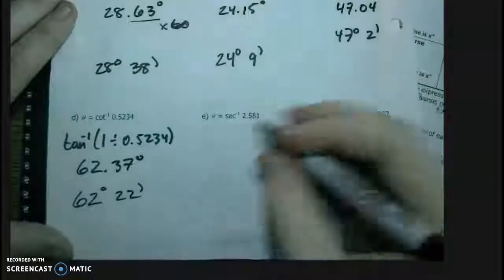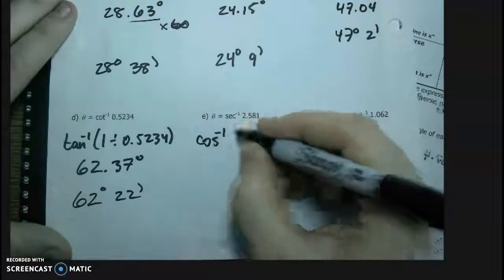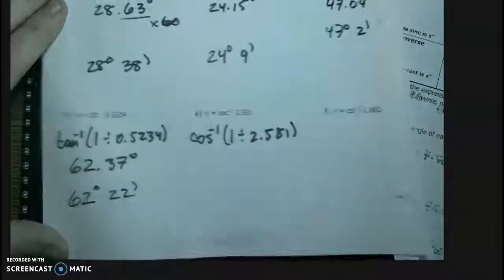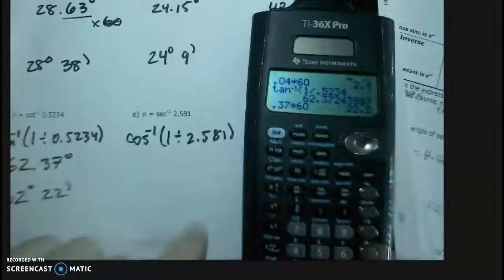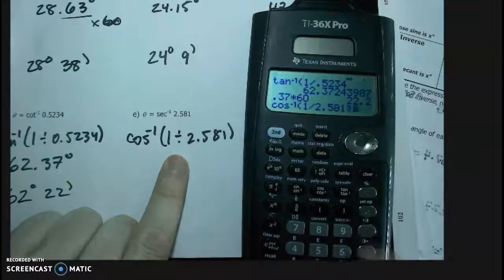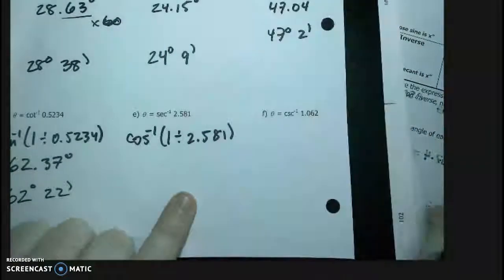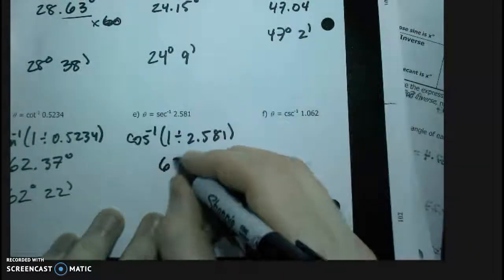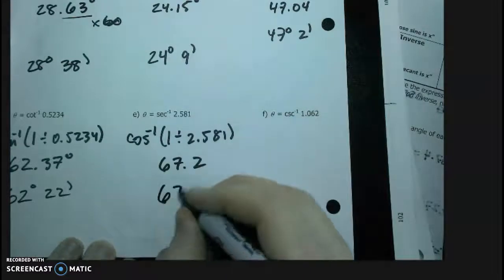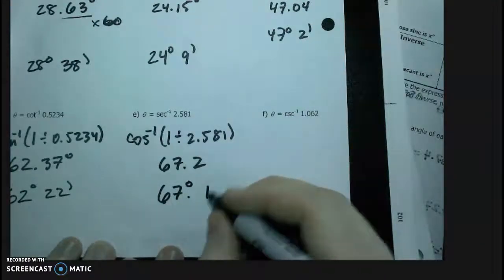We don't have an inverse secant button, so we're going to do inverse cosine 1 divided by 2.581. I'm getting 67.2. We take 0.2 times 60, I get 12 degrees, 12 minutes.